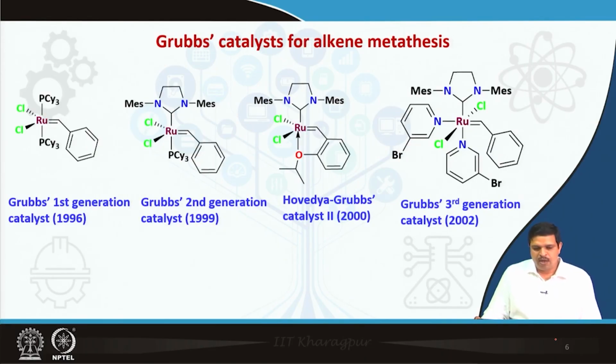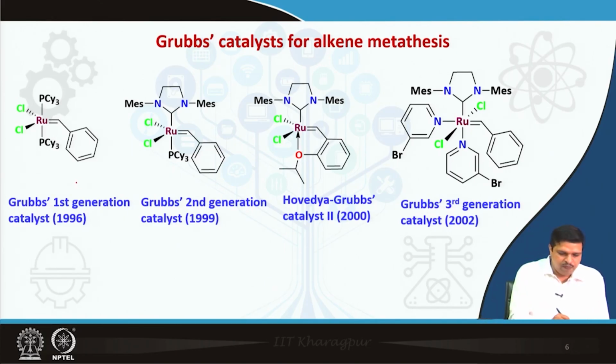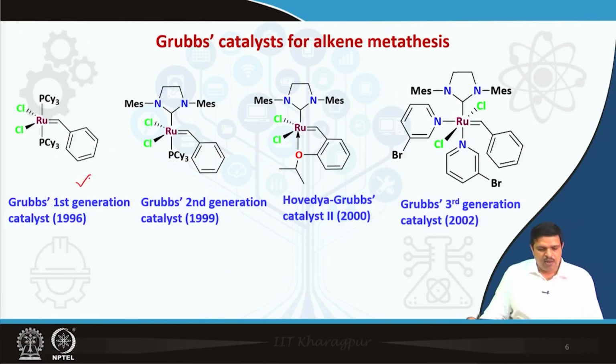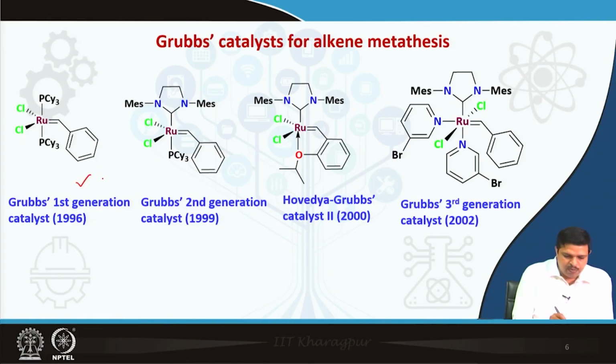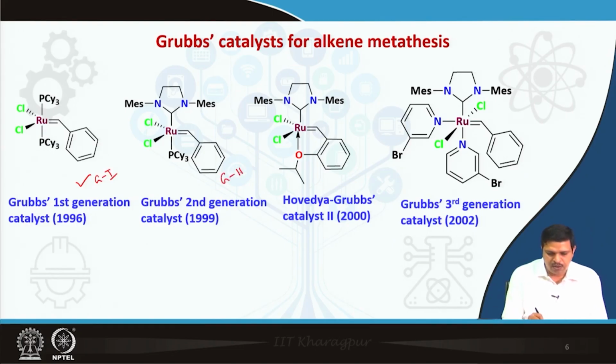This is just to recall, because we have already discussed in depth its geometries, electronic properties, and synthesis. This is the first Grubbs catalyst, called the first generation, sometimes simply G1. This is the Grubbs second generation catalyst, sometimes simply G2, and here you see the N-heterocyclic carbene, NHC.